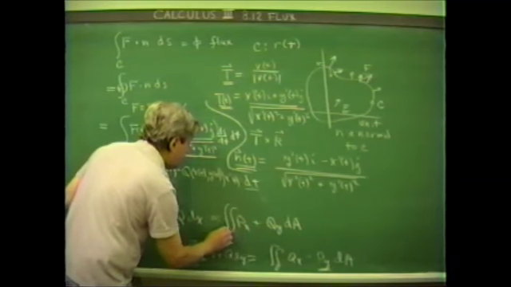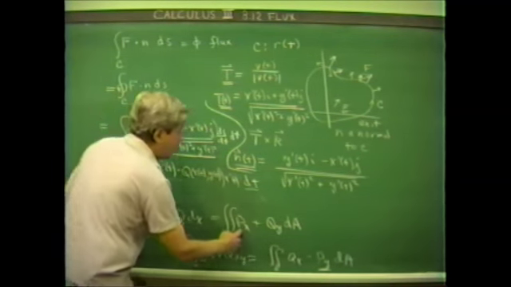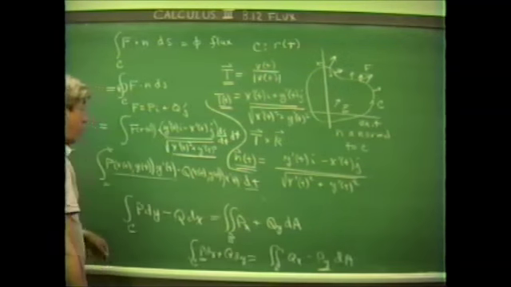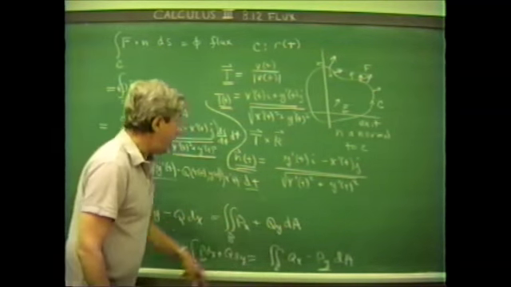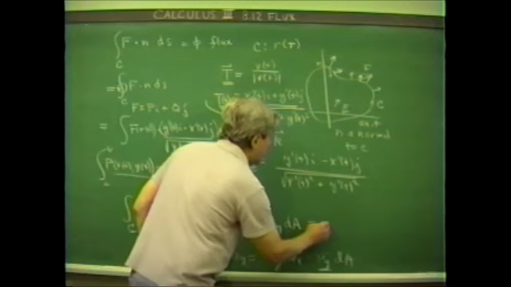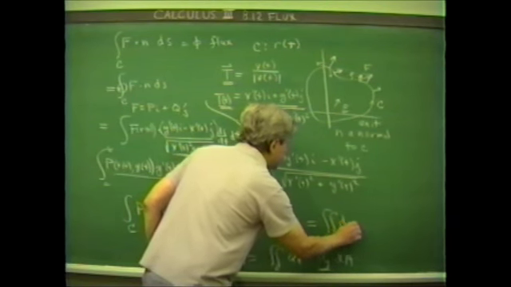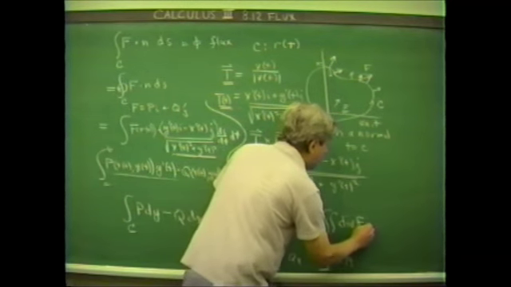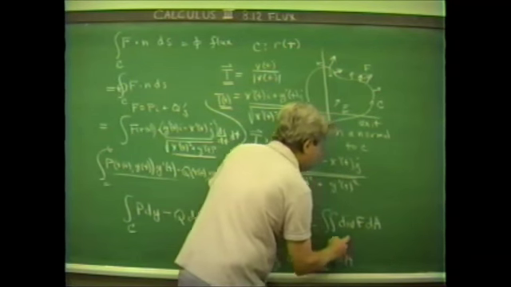So we find that this is the flux. It's the partial of p with respect to x plus the partial of q with respect to y, integrated over the region B with respect to area. Well, this is the integral of the divergence of f. The partial of p with respect to x plus the partial of q with respect to y is the divergence of f.